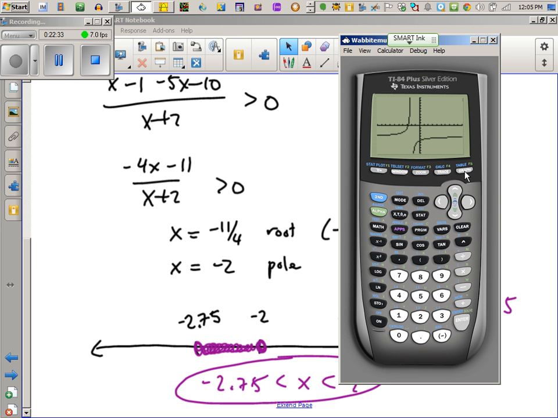Okay, between negative 2.75 and negative 2. Still don't trust this thing. Okay, I trust it. So let me zoom in on the region. Let's do a window where x is just between negative 3 and maybe negative 1.